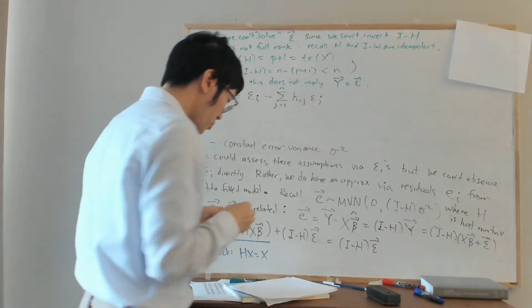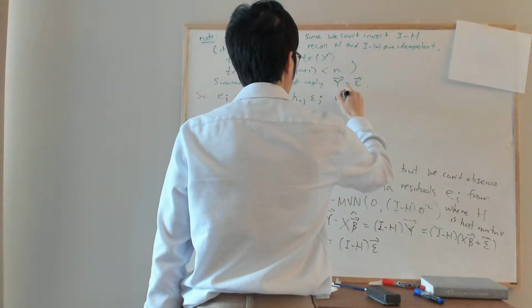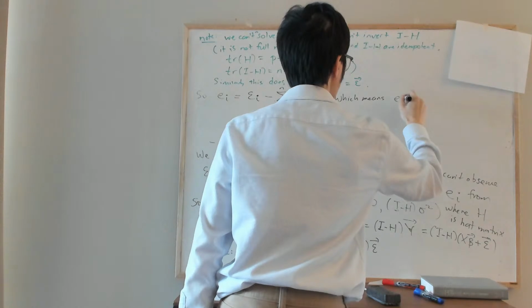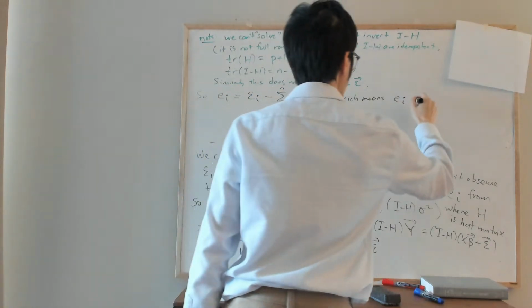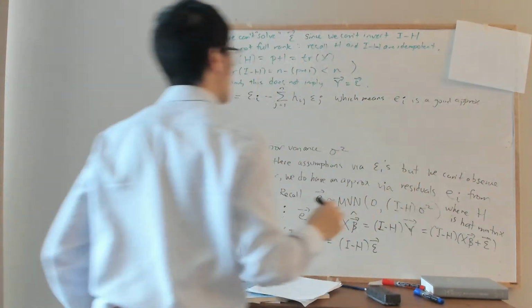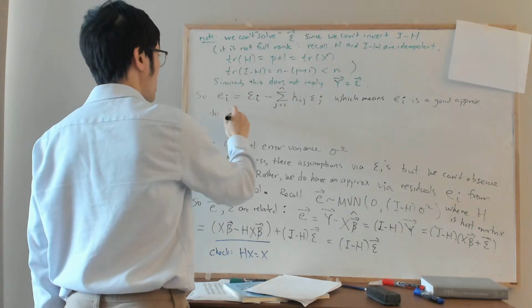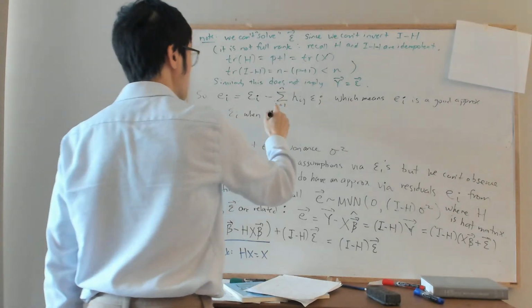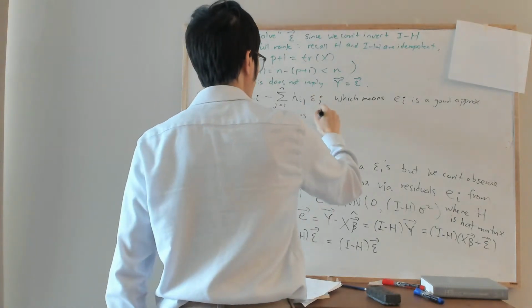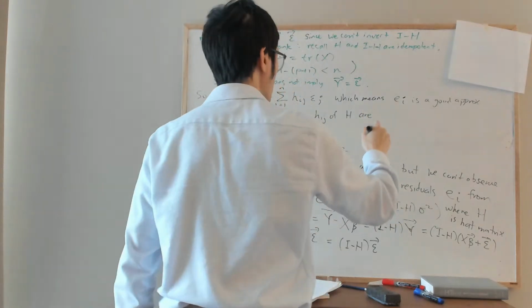What we see from this relationship is that the residual is a good approximation to epsilon i when these entries h i j of the hat matrix are small.